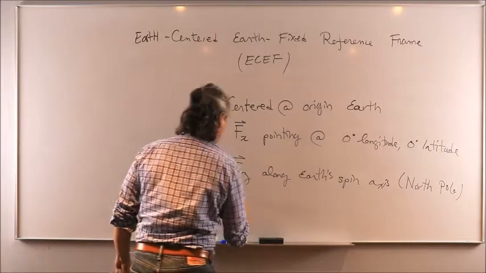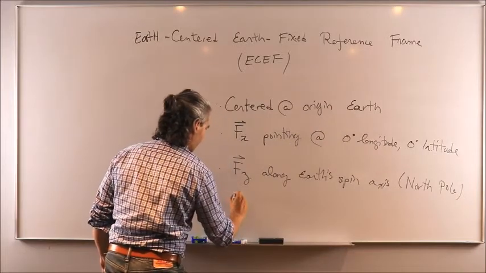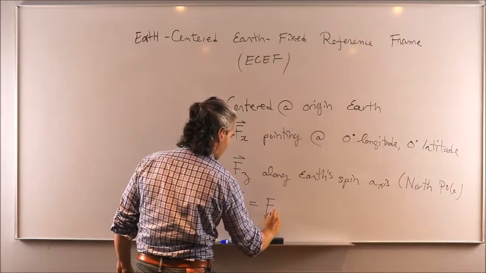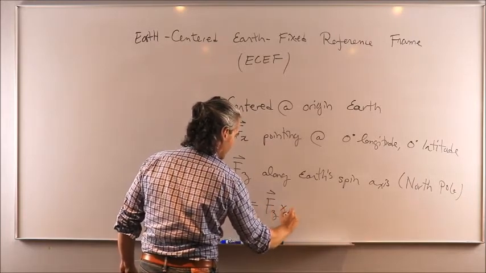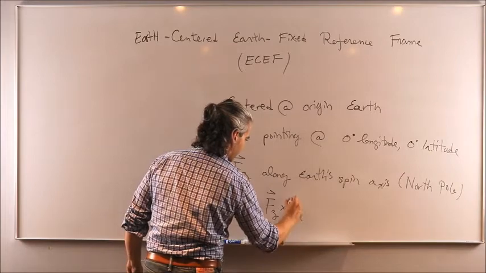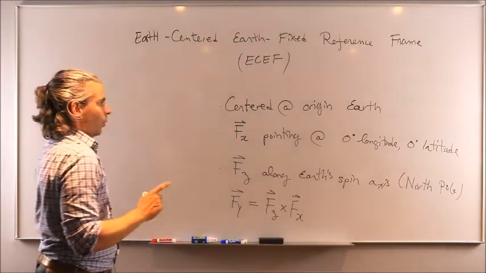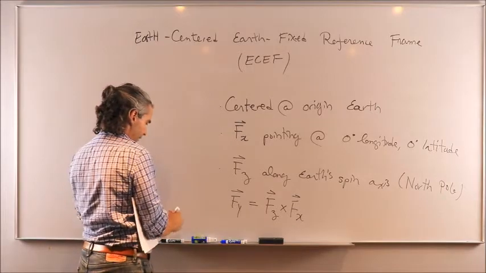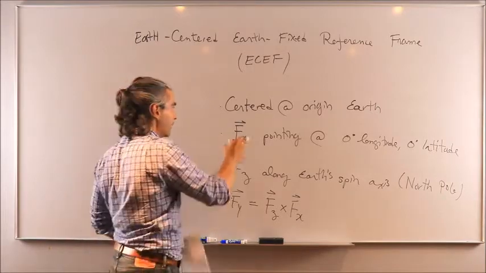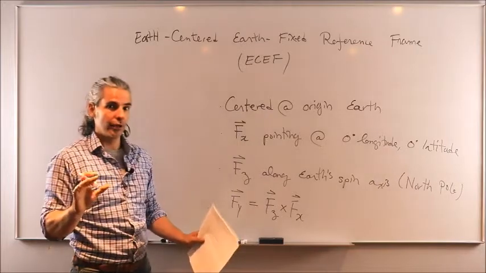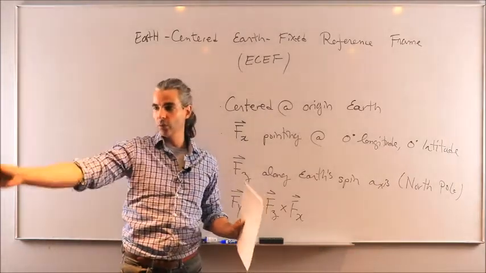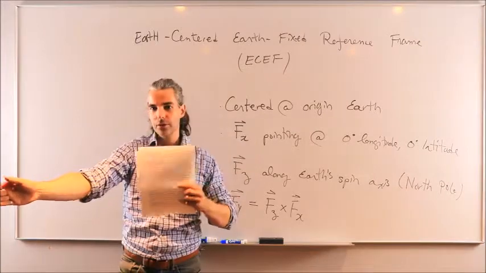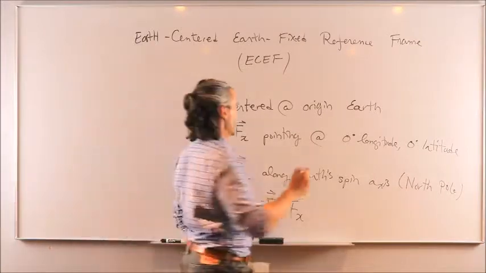And then we have, same old, the y unit vector completing the triad through the cross product of z and x, like this. One thing to remember, and this is quite important, is that unlike ECI, which isn't fixed to the Earth, because ECI always points at the same location regardless of the rotation of the Earth, this one is actually fixed to the Earth.